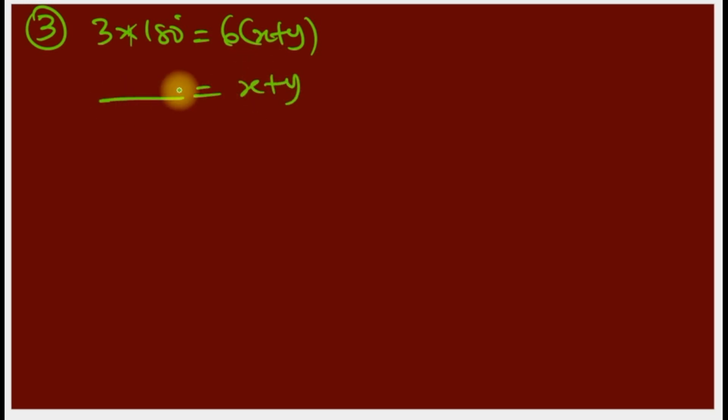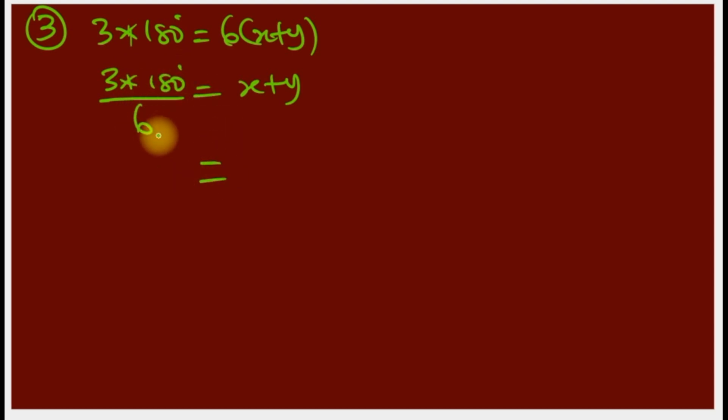The last, okay, we're left with 3 times 180. I normally use an asterisk to differentiate it from x. 6 bracket x plus y. So what do you notice? I can move my 6 to this side, that's dividing both sides by 6. So we're still on the right track.